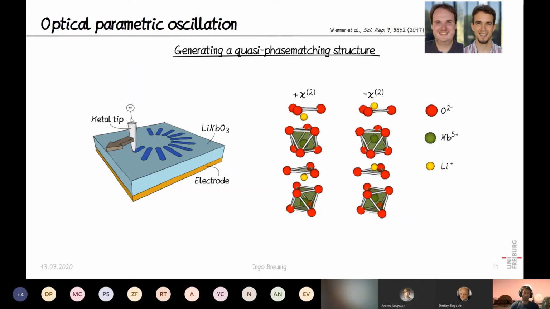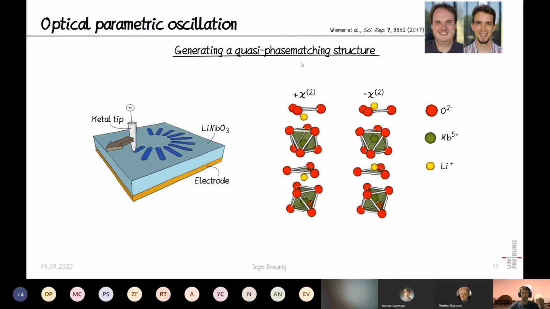If you apply a negative voltage, let's look at the structure of lithium niobate. As I told you, the lithium and niobium ions are somehow not centered around these oxygen planes, or inside this oxygen octahedron.